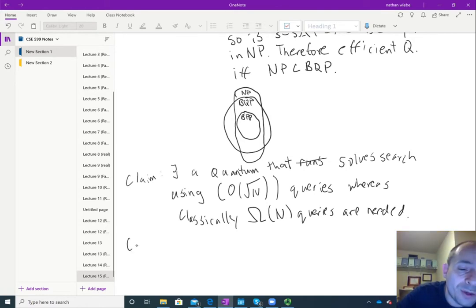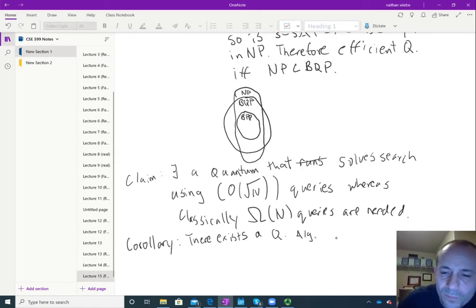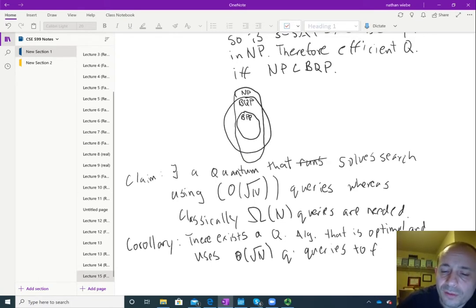And a further corollary that we're going to prove later is that there exists a quantum algorithm that is optimal, uses big theta square root N quantum queries to f.